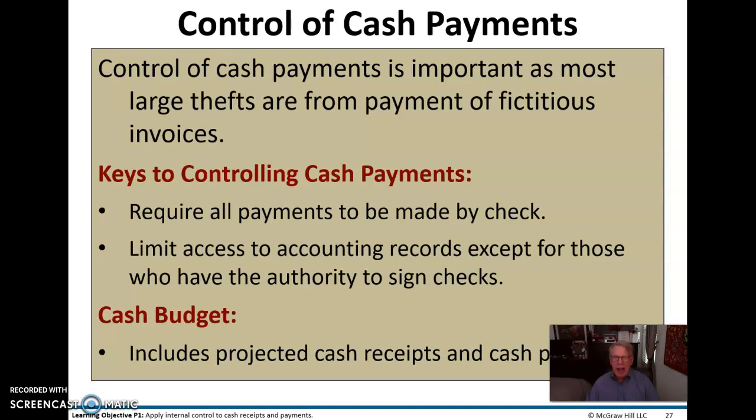And we limit access to accounting records except for those who have authority to sign those checks, which is a very small group of people. And then we have a budget too, where we're projecting cash receipts and cash payments, and we compare actual versus budget to see where there might be variances from that.